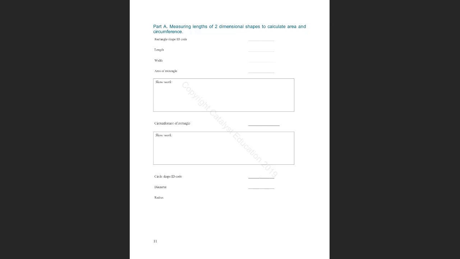But what is happening is that because you are not in the lab, you are going to be given the length, and you are going to be given, let's say, the width. These are numbers that you are going to be given.